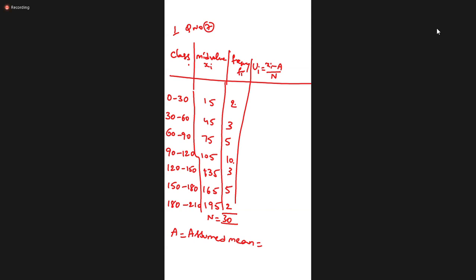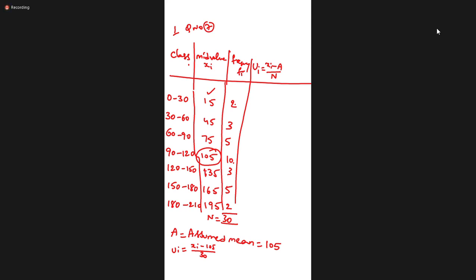How to find the assumed mean? Here mid values are there. In that, the middle number is your assumed mean, that is 105. So ui is equal to xi minus 105 by h, which is 30. X means the middle value.